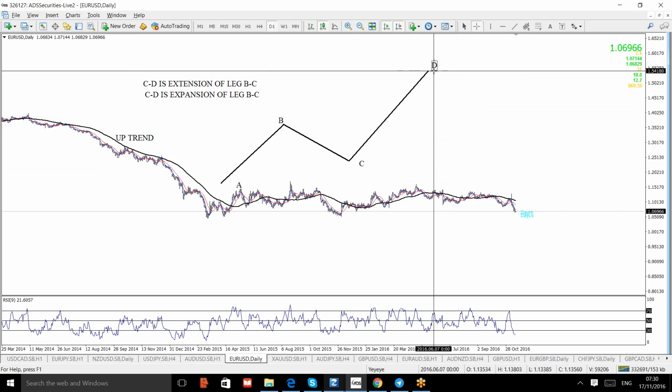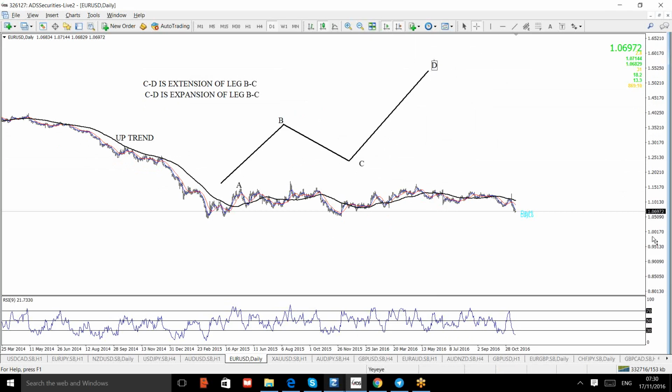Because this is an extension. CD leg is an expansion, and we want to see how far AB can extend, how far CD can extend. We use this tool, guys. Understand? Everybody understand?